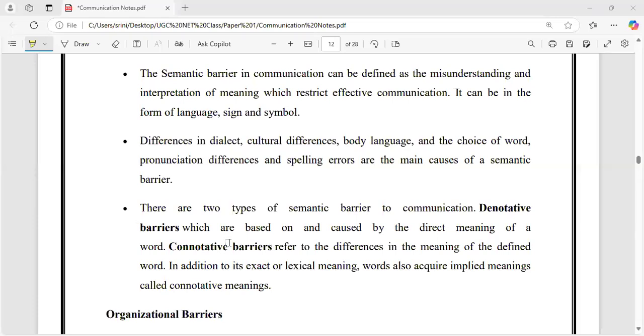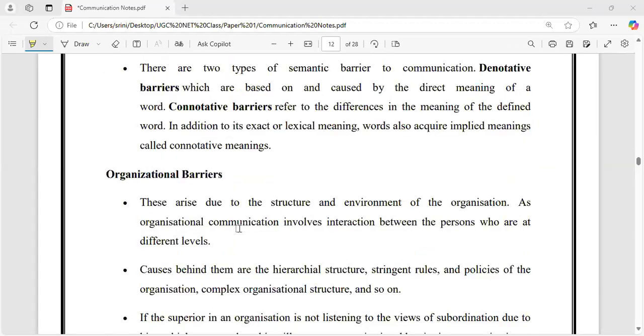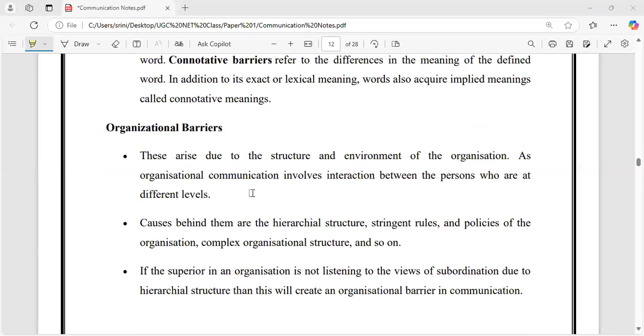If someone asks how was the match, I will say terrific, and terrific actually meant bad. But sometimes if I say terrific, it's actually good, like very good. So that's kind of semantic meaning, semantic values. And then organizational barriers, due to the structure and environment of the organization.